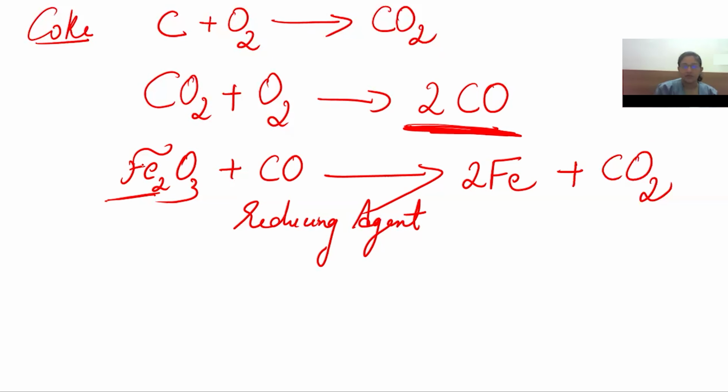Here there are 2 Fe, so I have put a 2 here, and you have to balance this. How many oxygen atoms are there? Like that you have to balance.